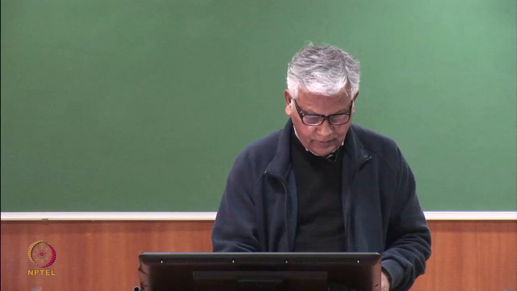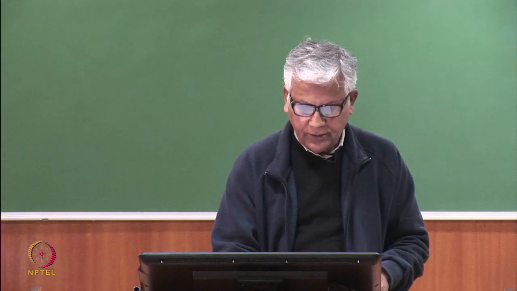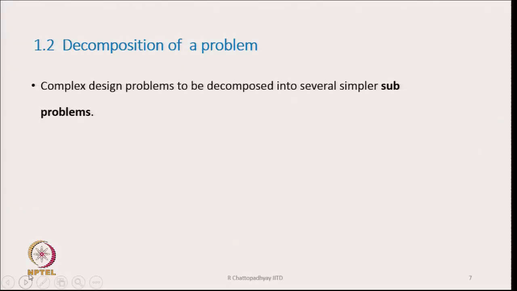Okay. From there, we are thinking about the decomposition of a problem. Some of the problems are so complex in nature, so big, that one can think we need to go for decomposition of the problem. So, complex design problems are to be decomposed into several simpler sub problems.